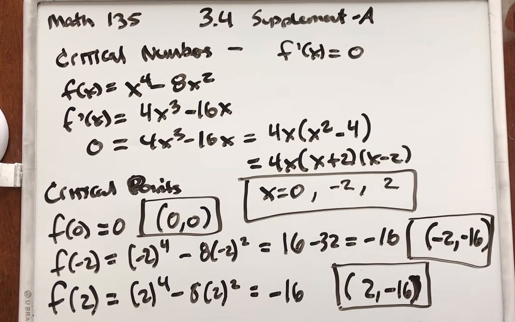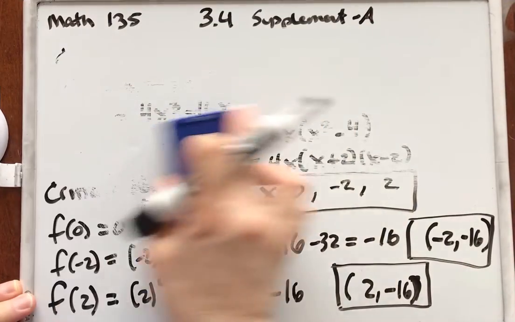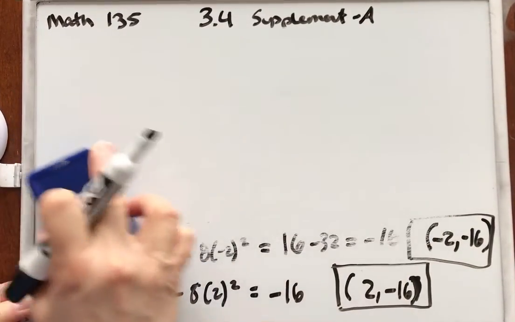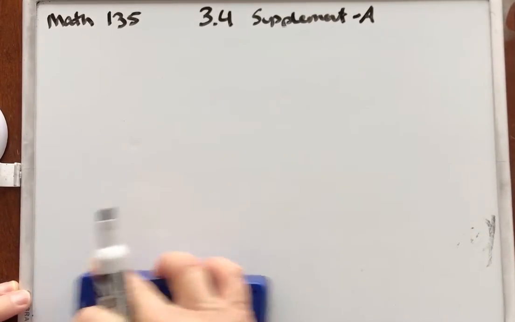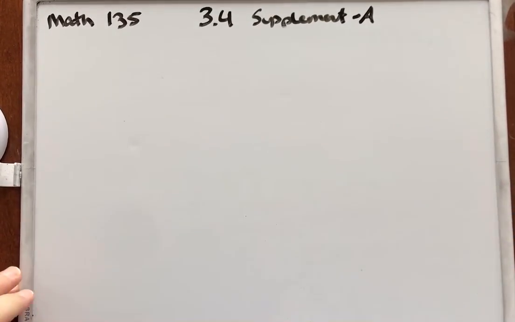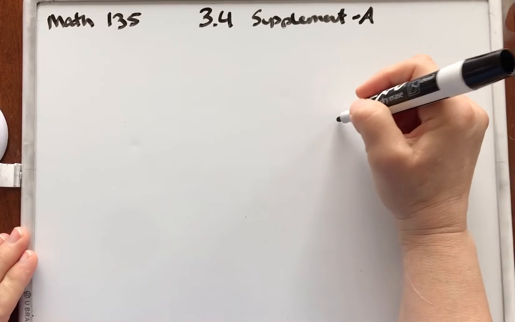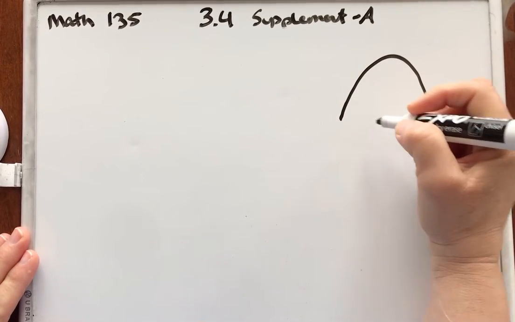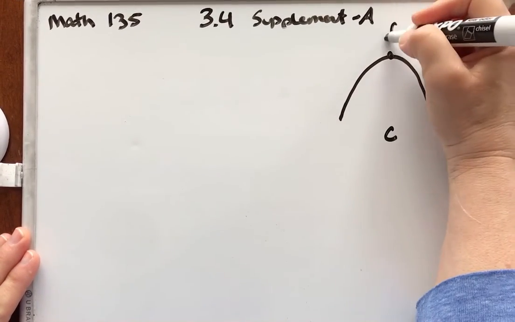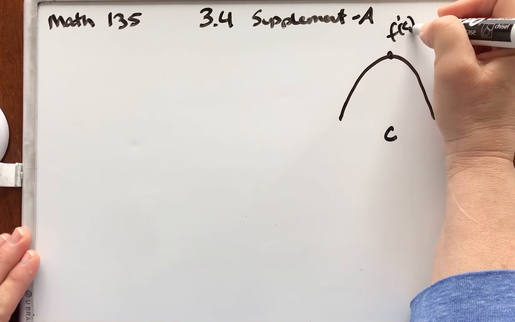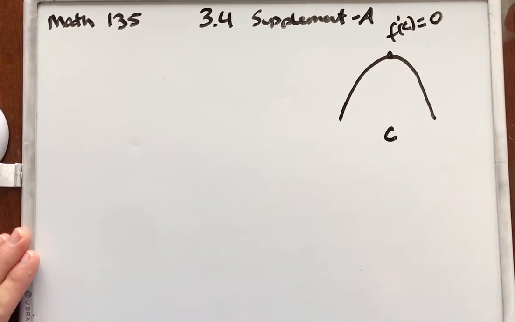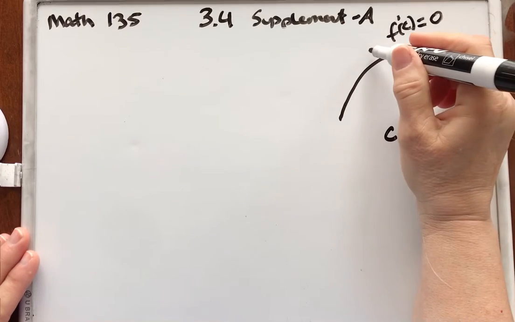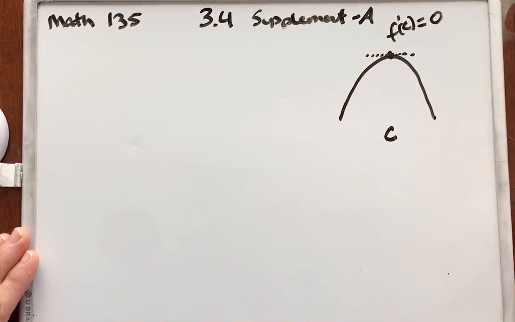We also looked at the first derivative test. So let's go over the first derivative test. Now again, you've seen this, but I'm just going to do it quick. If we have a point C such that f prime of C equals 0, that means that we've got this tangent line.